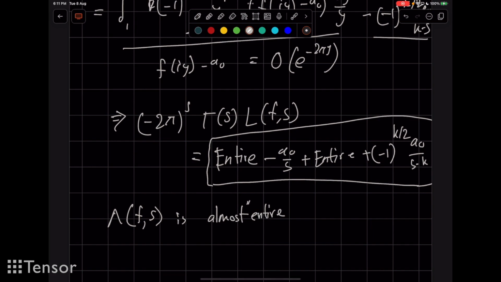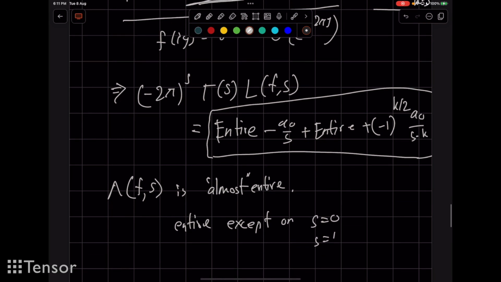So it's almost entire, that is, it's entire except at s equals 0 and s equals k. And if f happens to be a cusp form, that is, if the zeroth coefficient is 0, then these two terms also vanish. So in that case, the completed L function is an entire function.